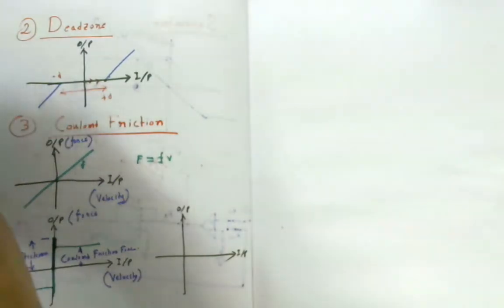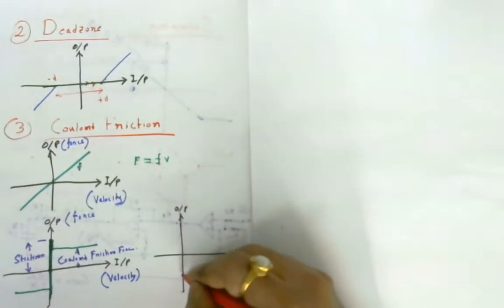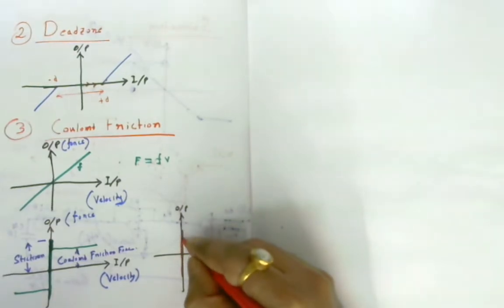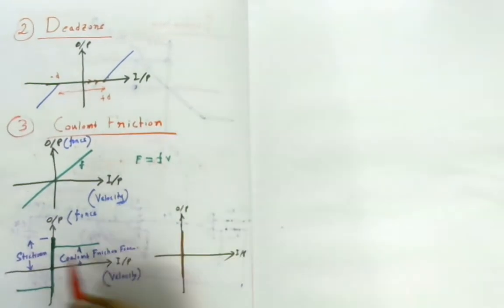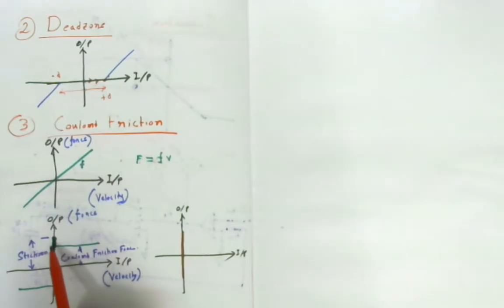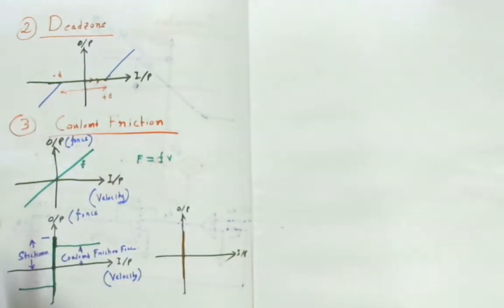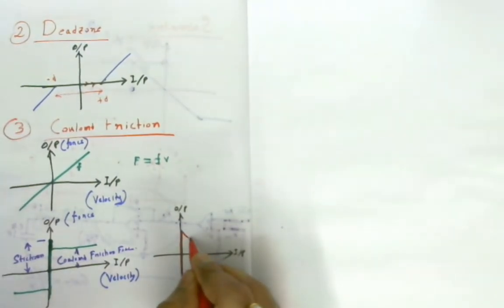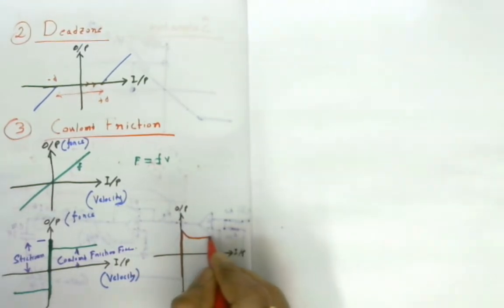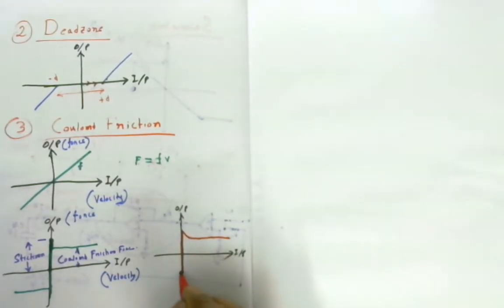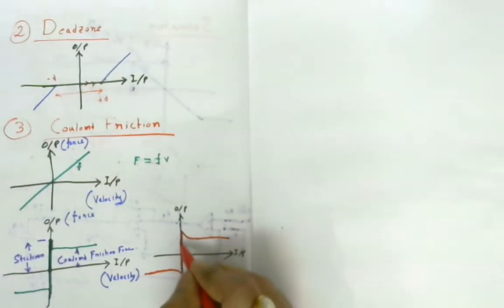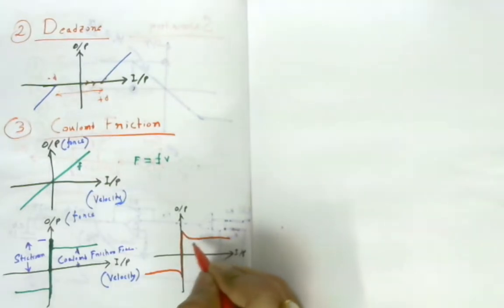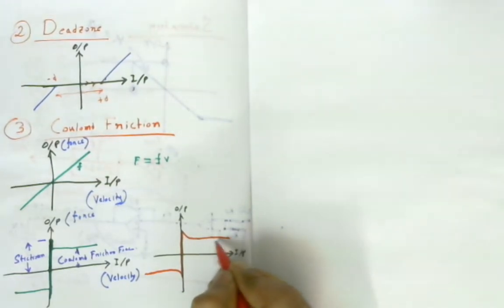Practically, the stiction force is always high, and it is not like a discrete figure; it will gradually reach the constant retarding force, which is the Coulomb friction force. So it must look like this. Now this initial high force is called the stiction force, and then the constant retarding force is called the Coulomb friction force.